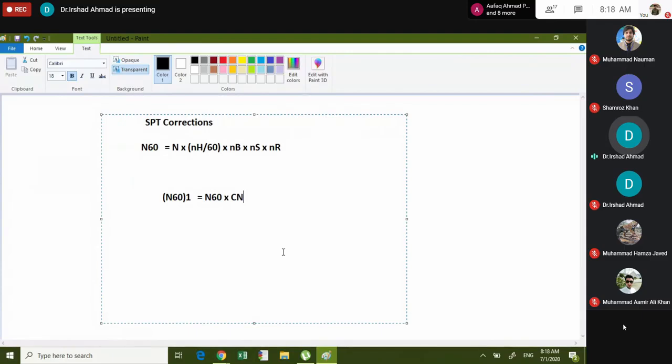If you want to free the SPT count from the effect of the overburden, you need this overburden correction and you multiply with Cn. What is Cn?